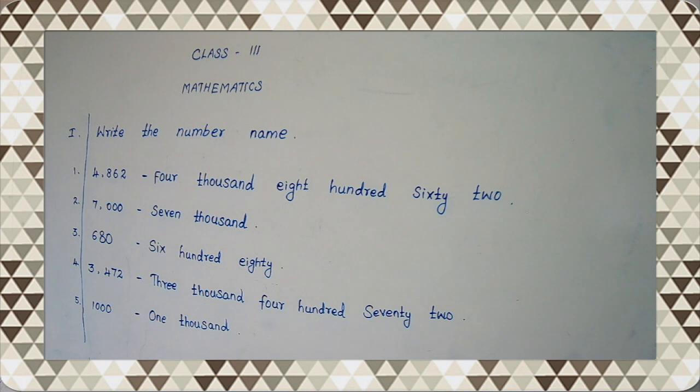Second one, 7000. Say the spelling for 7000. E-V-E-N, 7. T-H-O-U-S-A-N-D, 1000. 7000. The third one, 680.